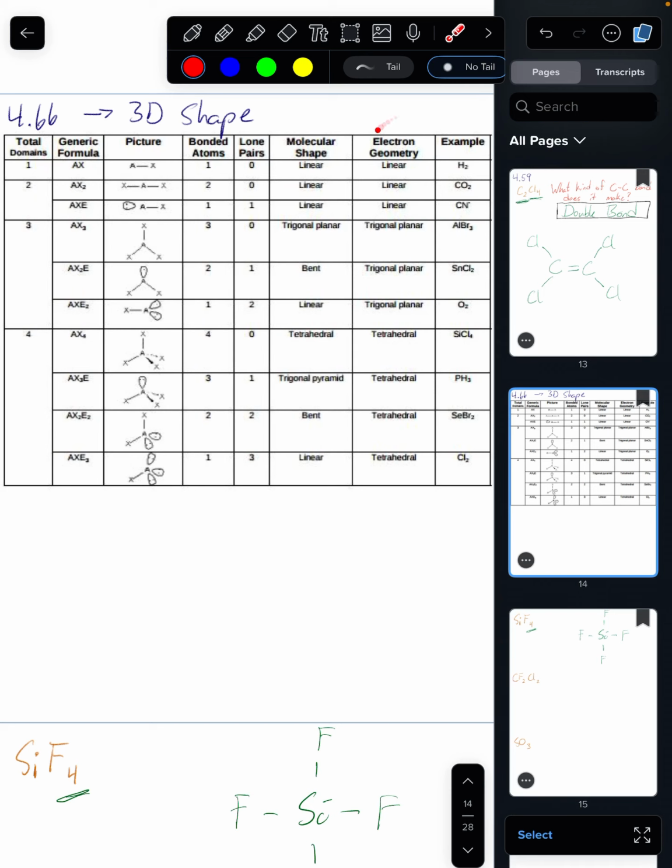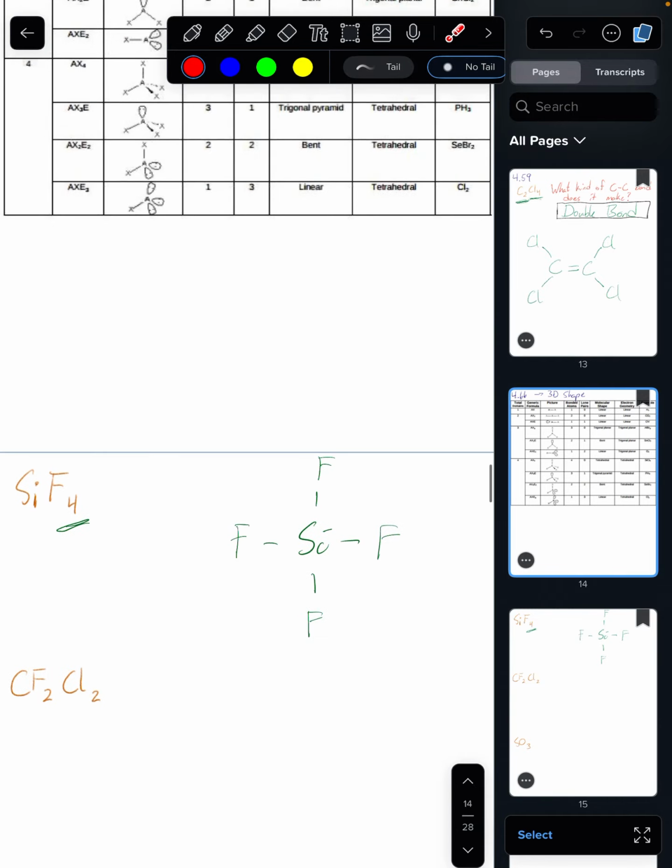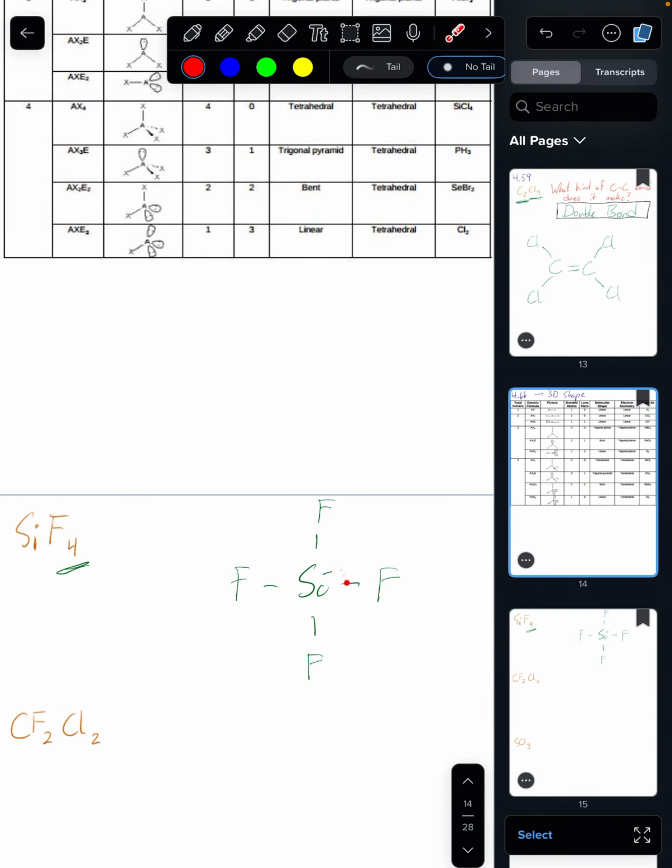Your professor wants this portion, okay? So, with the 4 connections, we know it would be tetrahedral.